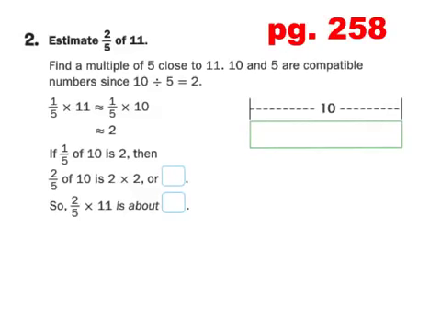But this fraction here isn't just 1/5, it's 2/5. So if 1/5 of 10 is 2, then for 2/5 we have to multiply by 2 and get 4. So 2/5 of 11 is about 4.